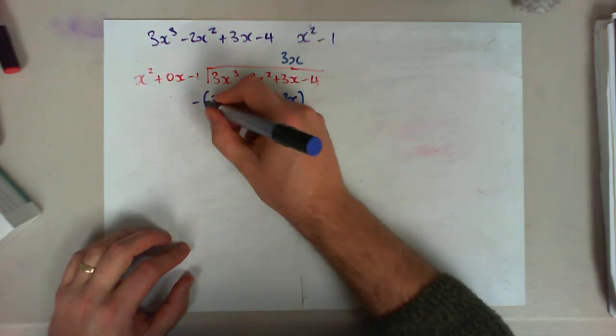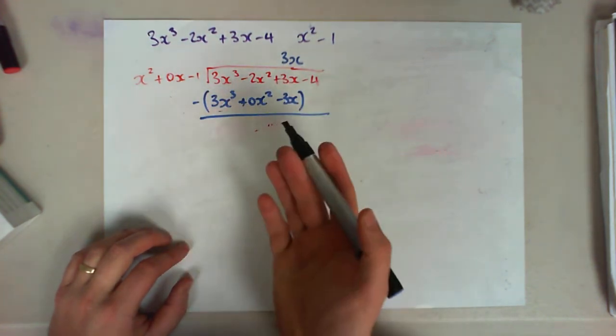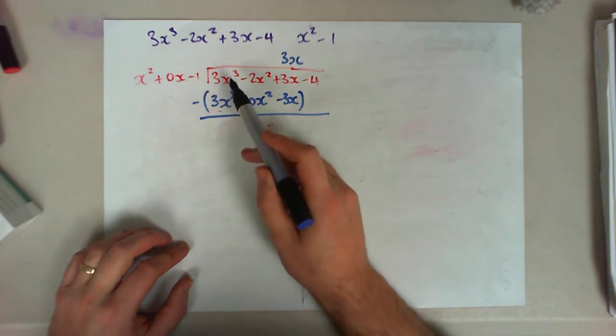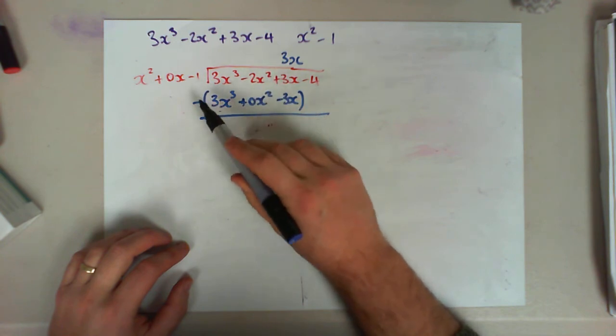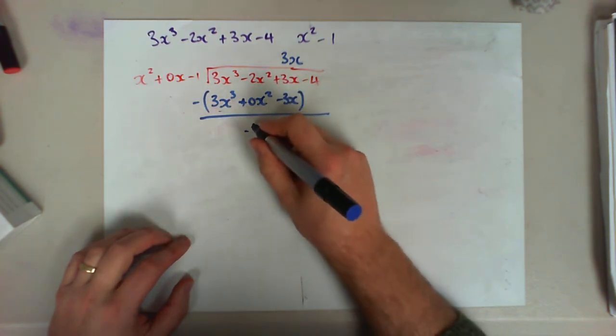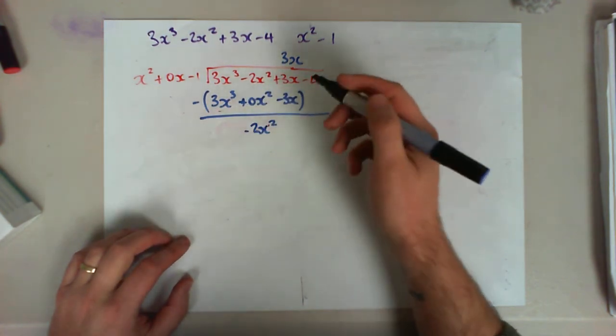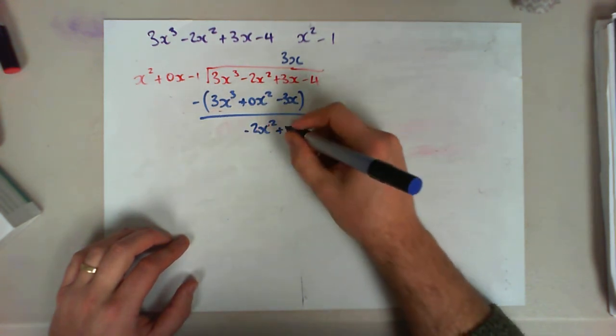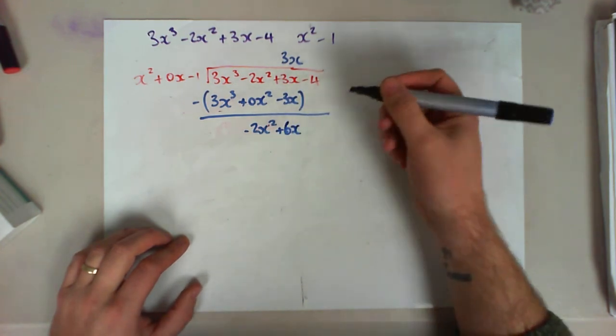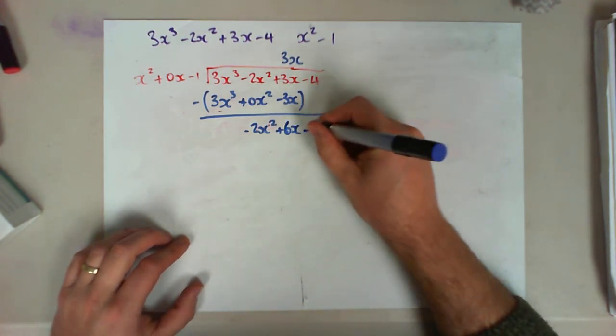Bracket, bracket, take away, line underneath. Right, now we do the subtraction. 3x cubed take 3x cubed is 0. Negative 2x squared take 0x squared will give us negative 2x squared. Okay, 3x take negative 3x will give us positive 6x. Okay, bring the negative 4 down.